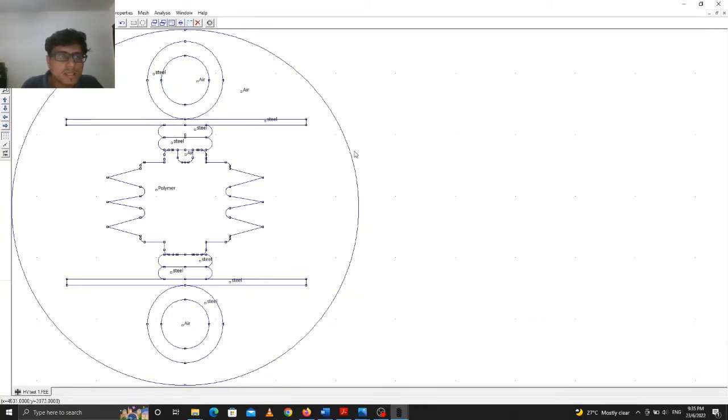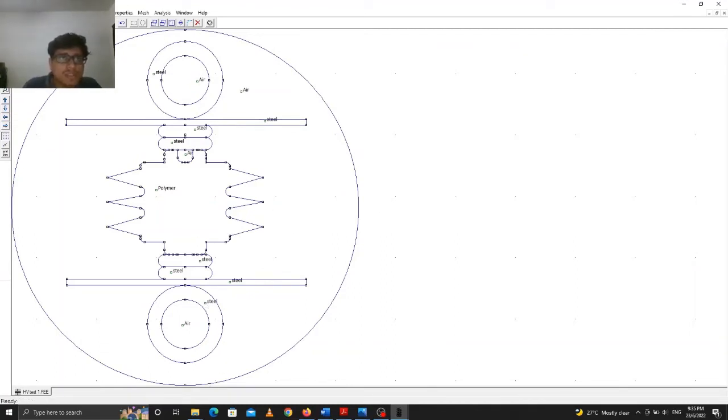For the steel, the relative permittivity I put is 1, for the polymer I put 6, and for air it is the same as 1. At the top we put the material as earth, and for the lower one is the electricity for this live part.